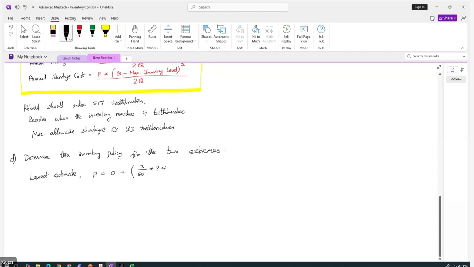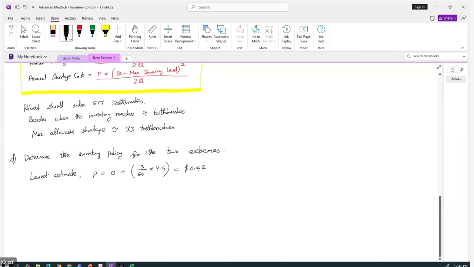What is 8.4? Cost of person. So this is going to give me 0.42. Okay, you can do these calculations later by hand, right?